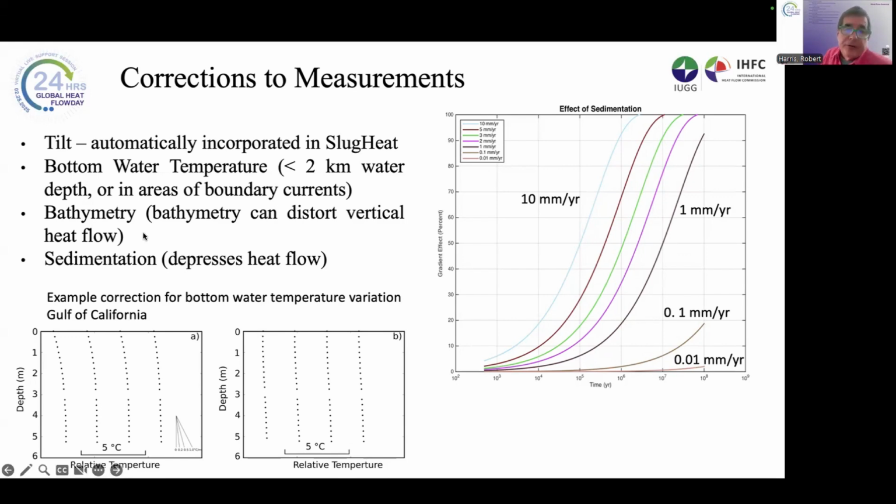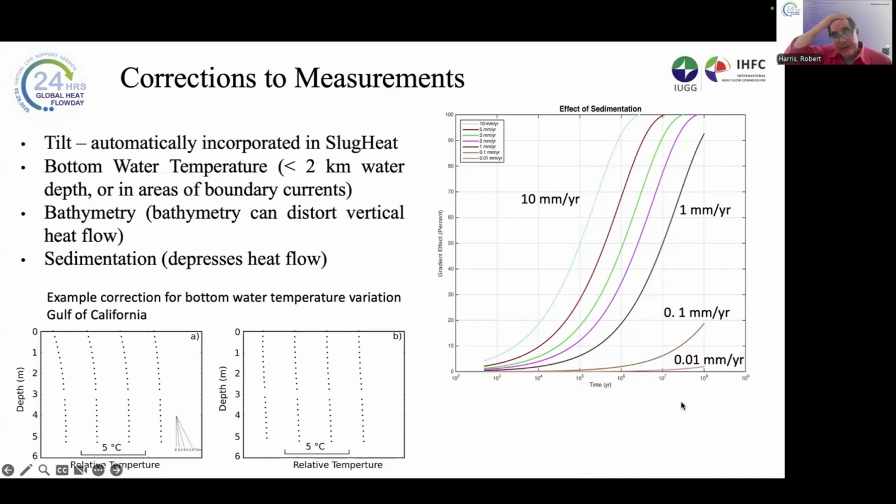Bathymetry can also distort vertical heat flow. So if you have sharp changes in bathymetry, you might have to do a bathymetric correction that's just like a topographic correction in continental settings. And then finally, sedimentation depresses heat flow. Here's a graph of how sedimentation might affect the gradient in percent as a function of the sedimentation rate and time.